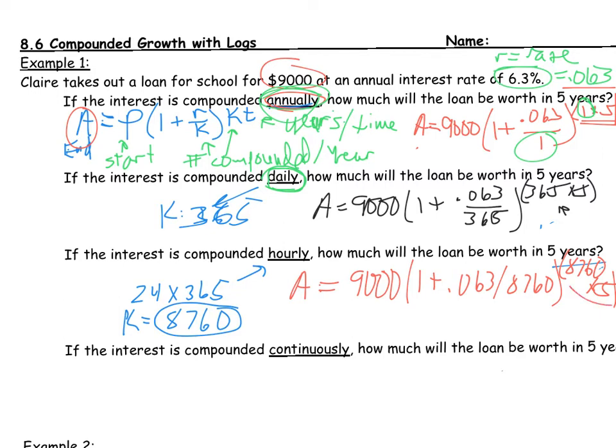Remember, multiply these two right here first and then plug it into your calculator. 8,760 times 5. What is that? So it's going to be caret key to the 43,800 power. I put one too many zeros in there. There you go. So go ahead and plug that in.